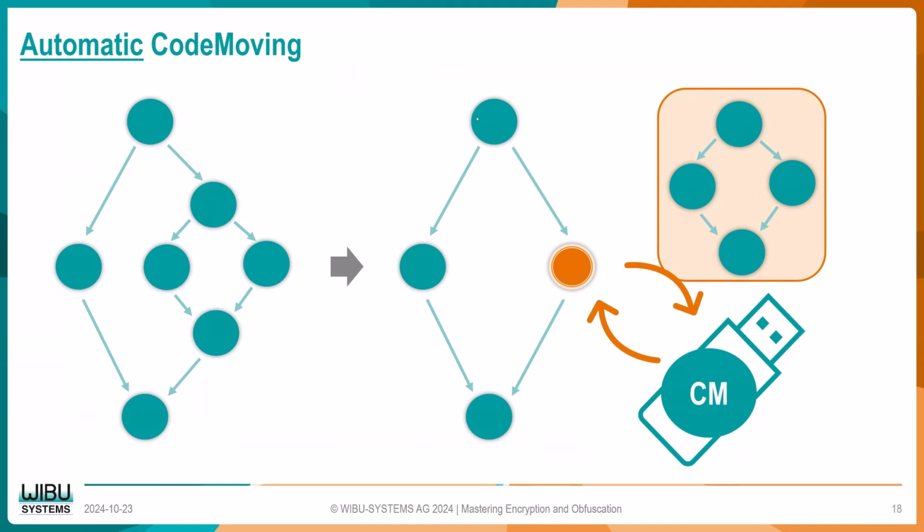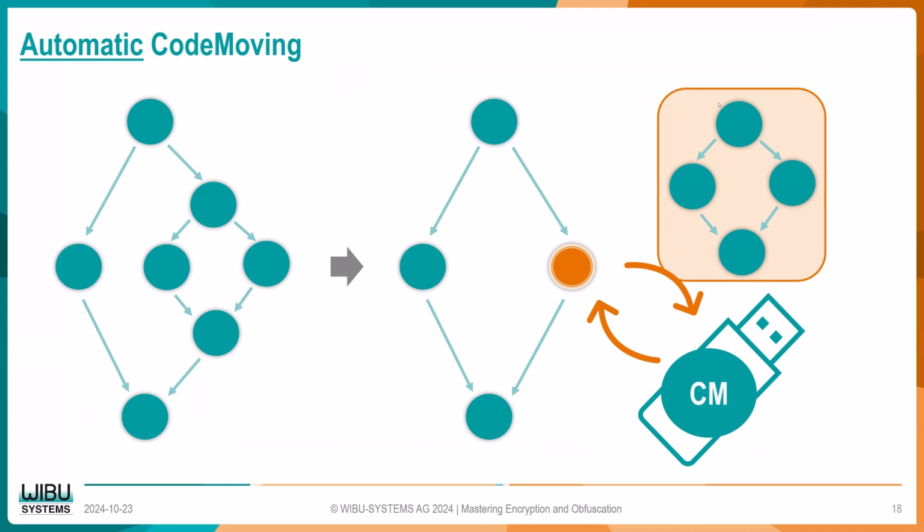And here on the slide, you see that the little diamond was analyzed, and it's able to be extracted. So what automatic CodeMoving does, it removes this diamond from the control flow graph, encrypts it, and transfers it on demand when the application is executed to the CM container. This can either be CM dongle or CM cloud container, as Rüdiger told you before.